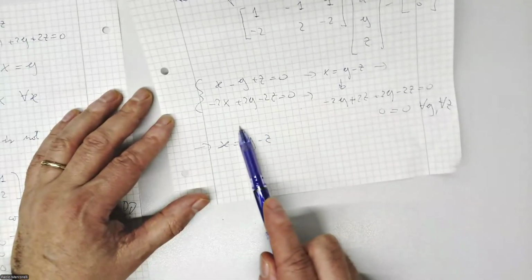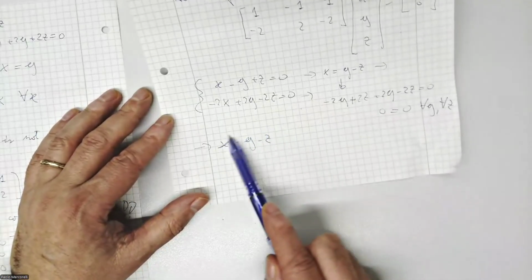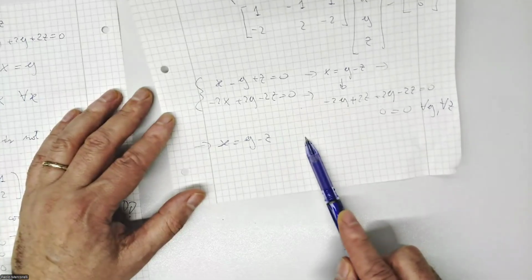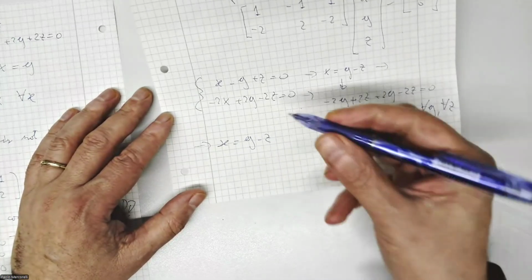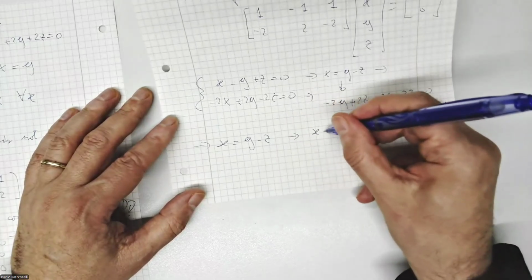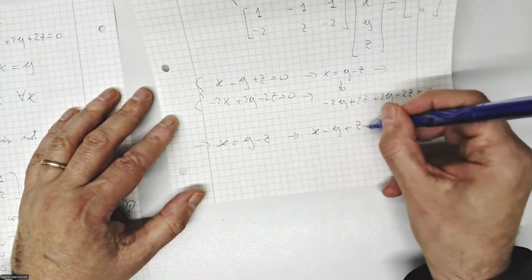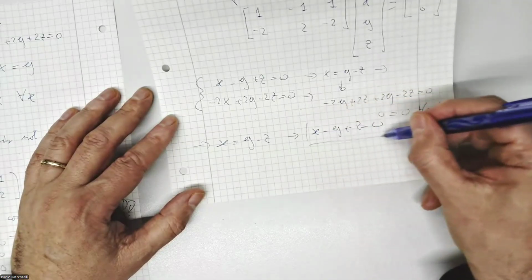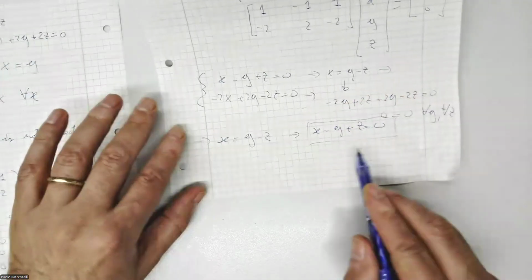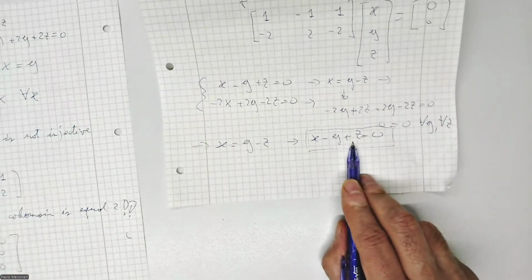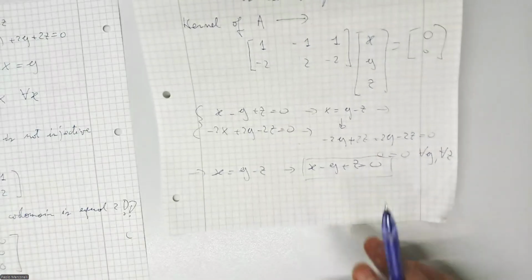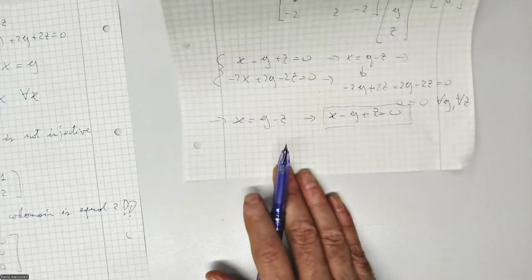What is this? Do you remember? I try to interpret now. You remember this? What is this in 3 dimensions? It's the plane. Just to recall what we did in analytical geometry.